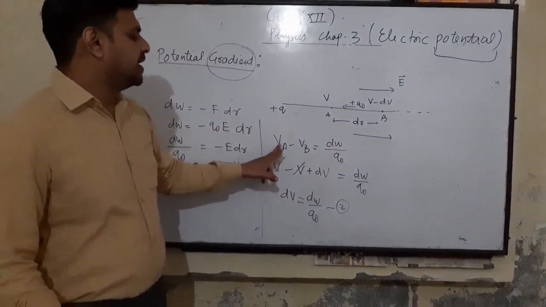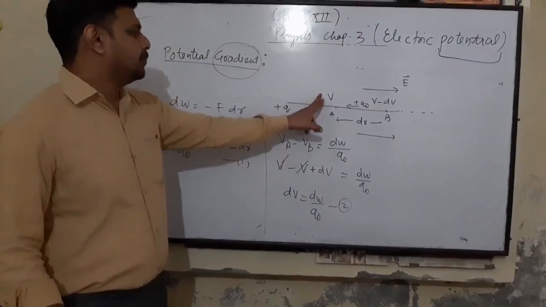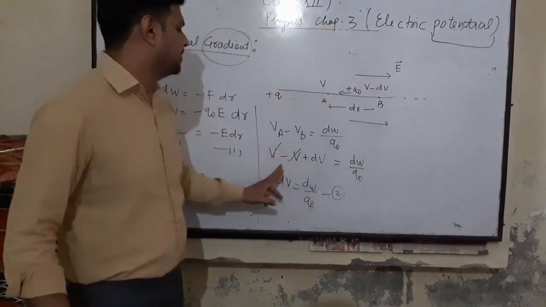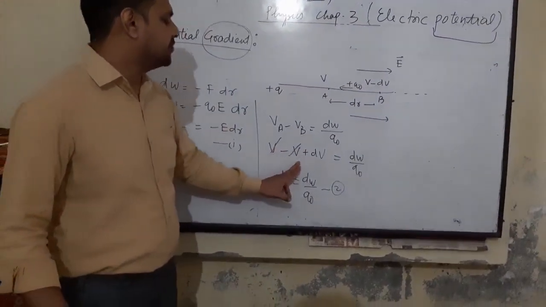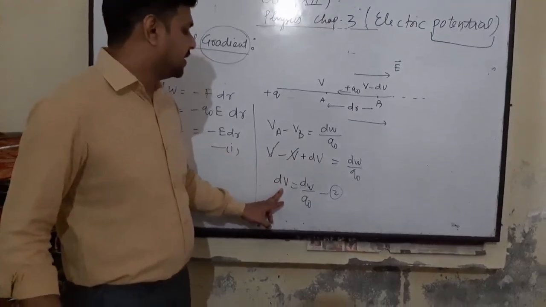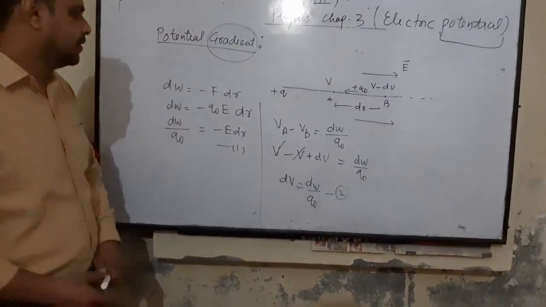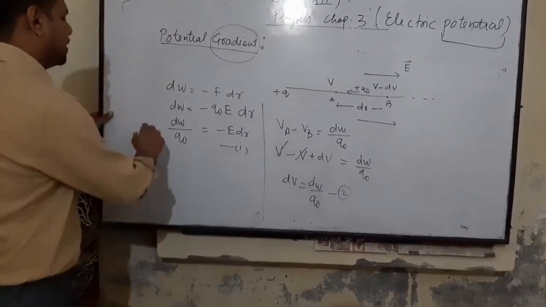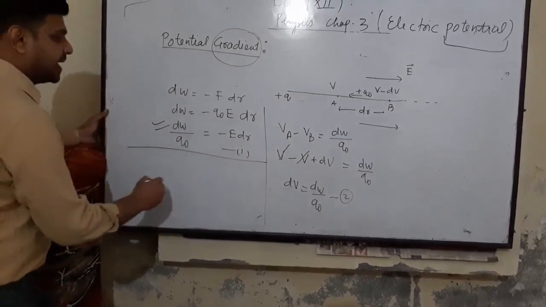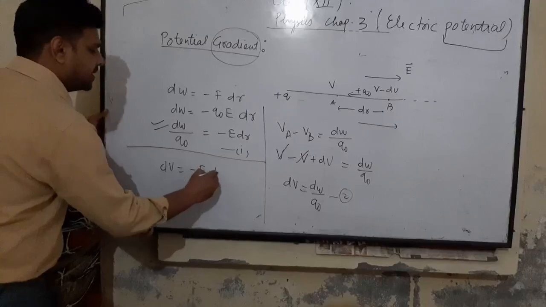At point A potential is V, and at point B potential is V minus dV. So this is V minus V plus dV, cancel V to V. This gives dV is equal to dW over Q naught. These are the two equations. Now equate 1 and 2. We get dV is equal to minus E dr.